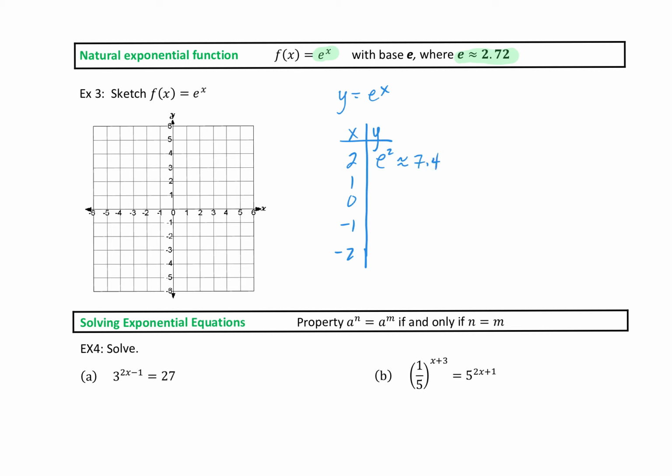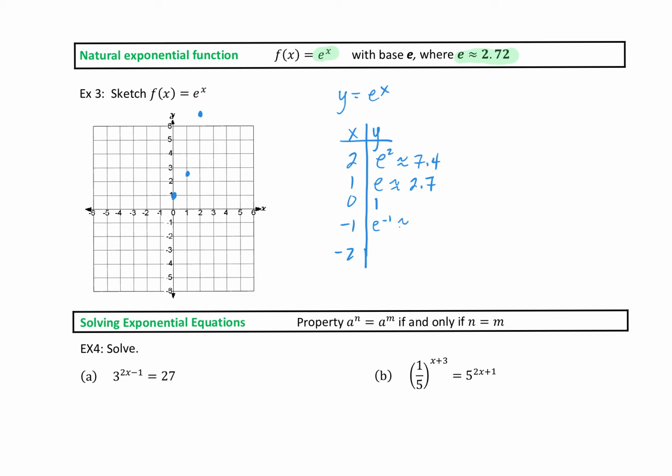So at 2, I'm going to go, oh, now my graph is a little bit too short, but that's fine. If we put in e, we know that's approximately 2.7. Would be close to 3. If I put in 0, e to the 0 is 1. -1, that would be e to the -1.